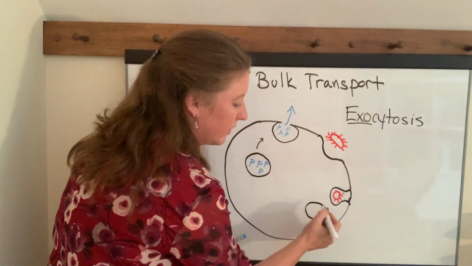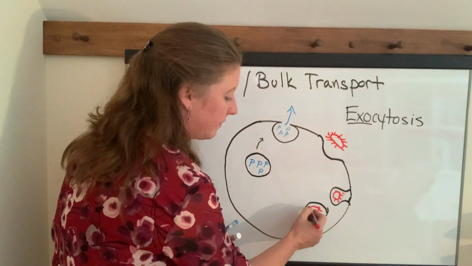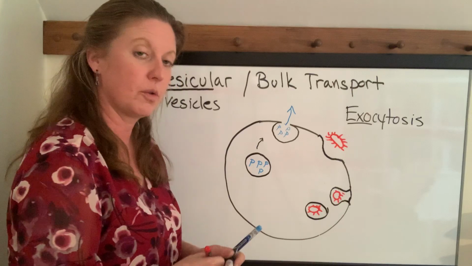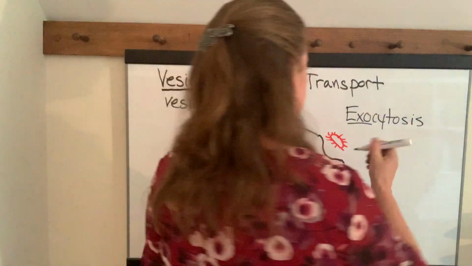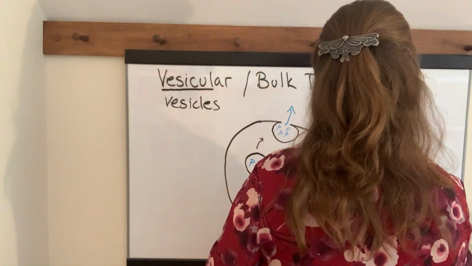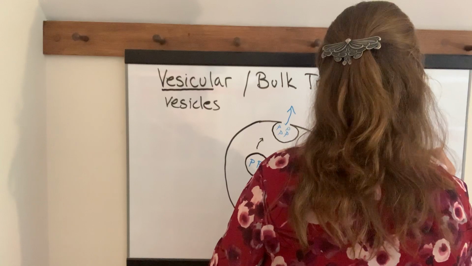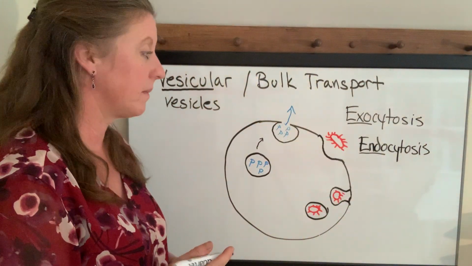As a result, we now have the bacterium inside the cell, where it can go merge with a lysosome and be broken down. This is called endocytosis. Endo because it's coming in to the cell.